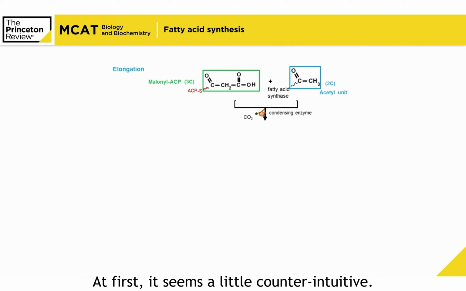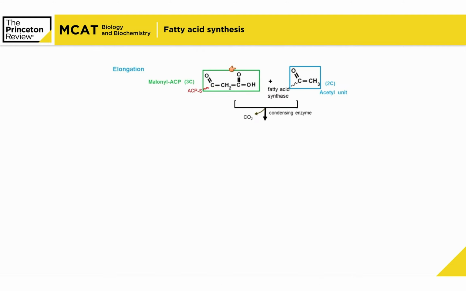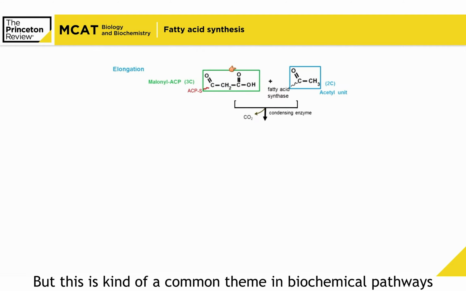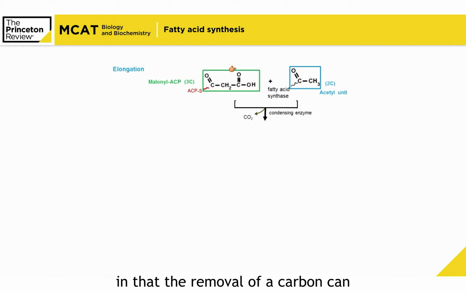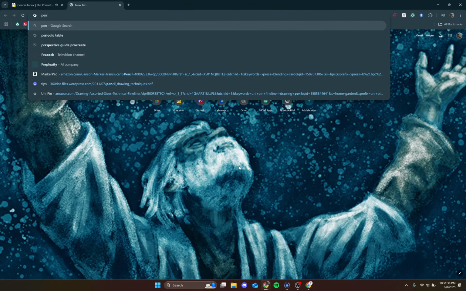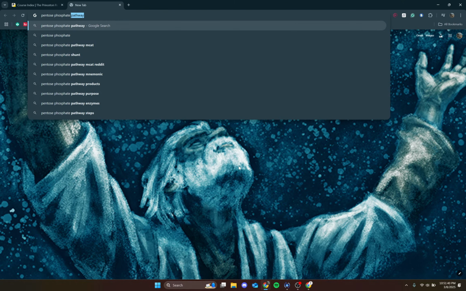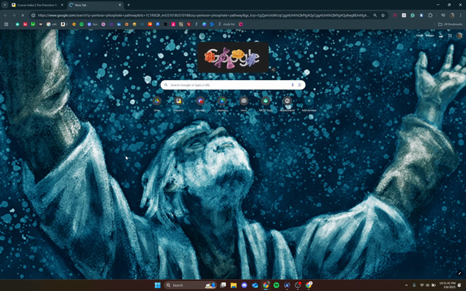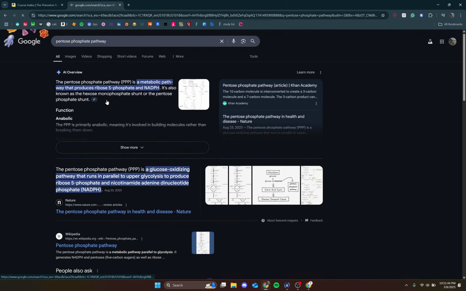At first, it seems a little counterintuitive. I mean, we just added this carbon and now we're removing the carbon. But this is a common theme in biochemical pathways, in that the removal of a carbon can drive an unfavorable reaction. This is what happens in the pentose phosphate pathway. Add a carbon, remove a carbon.